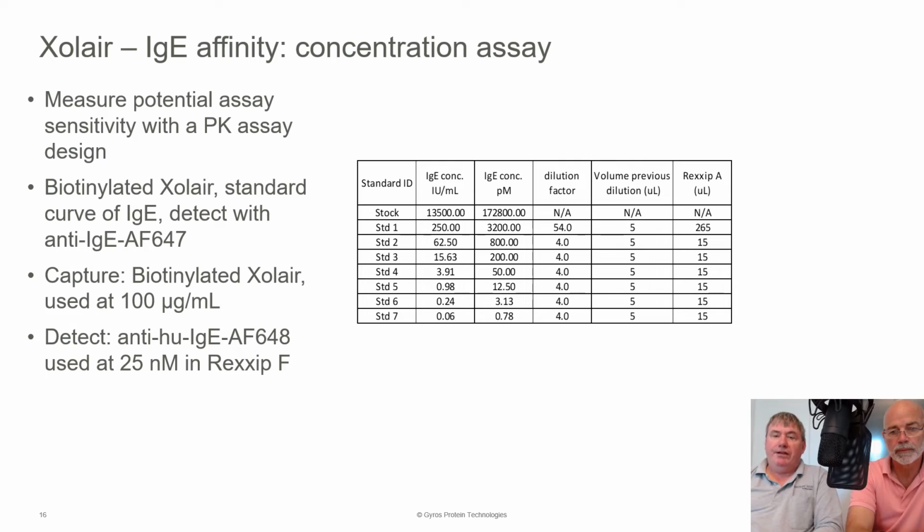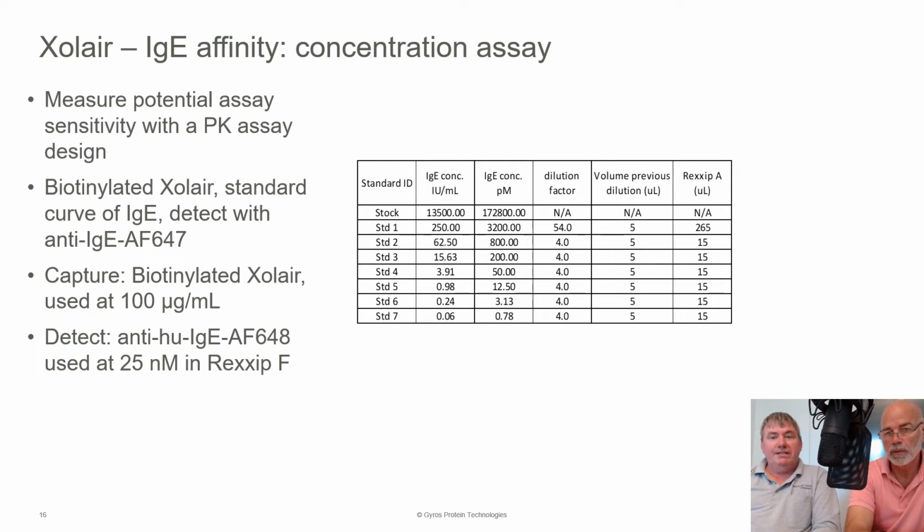So we're looking at the IgE, and we start off with the concentration curve. So we will determine what fixed concentration we will apply to the affinity experiment. The normal IgE assay range is in international units per mL. The important thing is that you convert your concentration units to molarity, so into picomolar in this case.